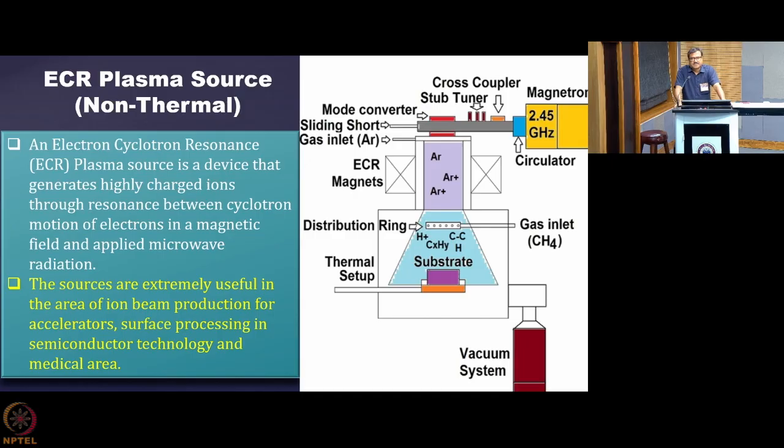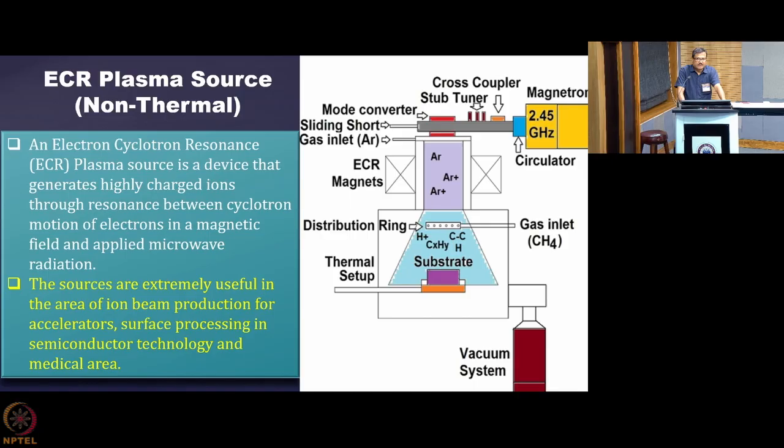Now, what happens, the magnetron provides some microwave. Essentially, you are applying an electric field that may be linearly polarized or circularly polarized.